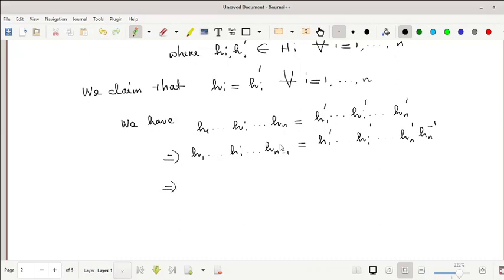This will imply now I will multiply on the right side by Hn minus 1 inverse. Similarly, I will do the similar computation on the right side. So what I will get ultimately?